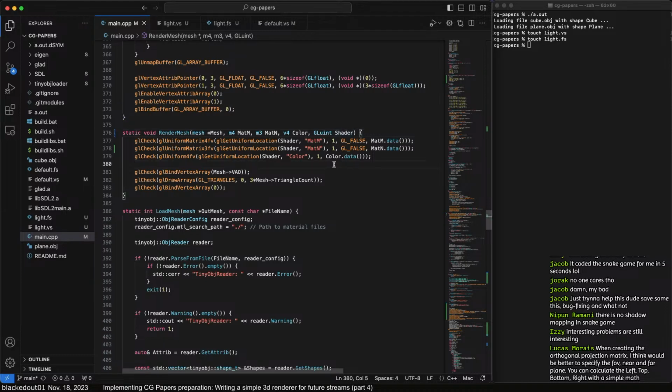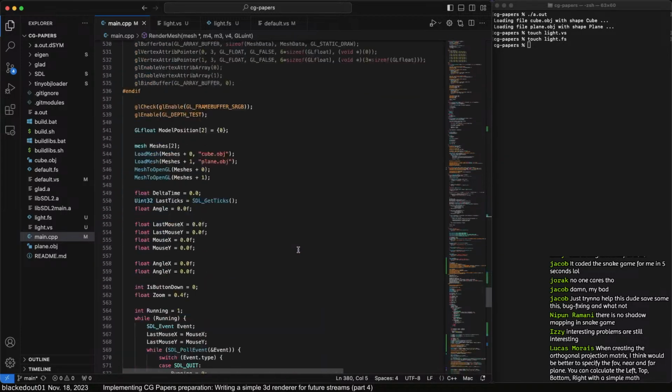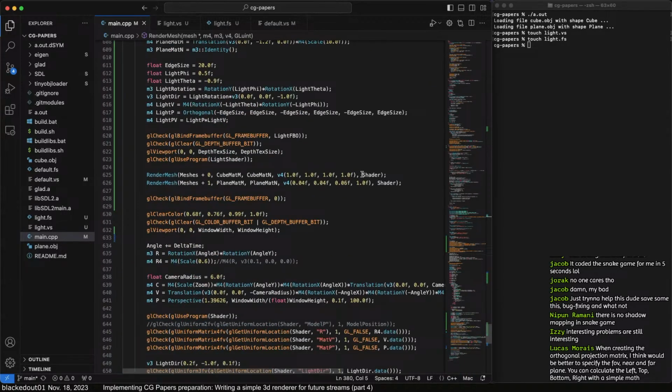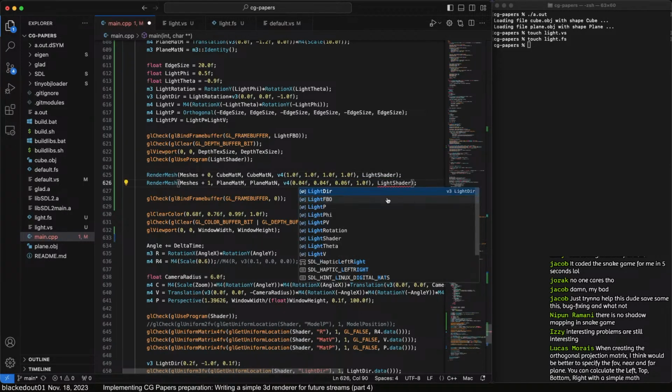Oh, okay. So I have the shader already here. So this should work. I just have to pass in the correct shader so that it sets the model matrix correctly.